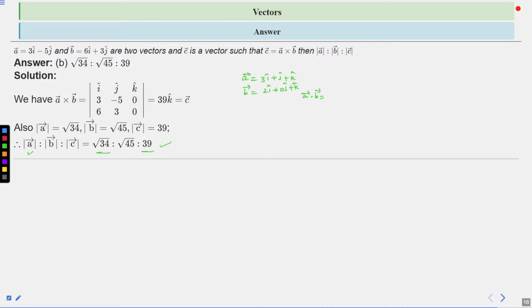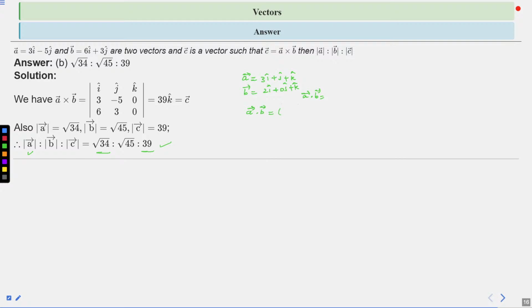Now what is A dot B? So A vector dot B vector.